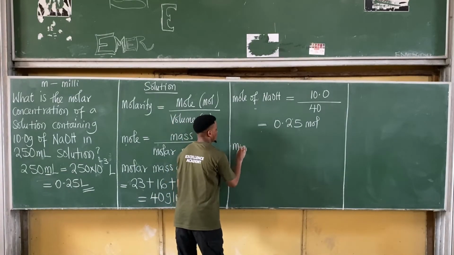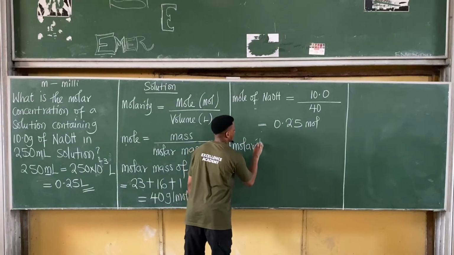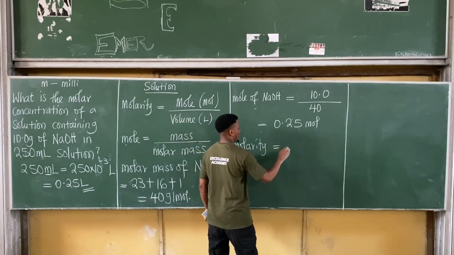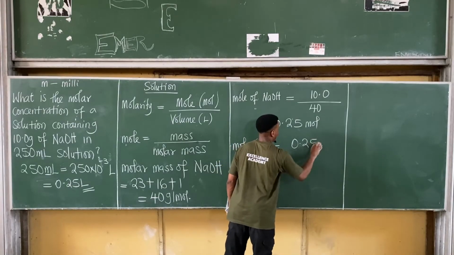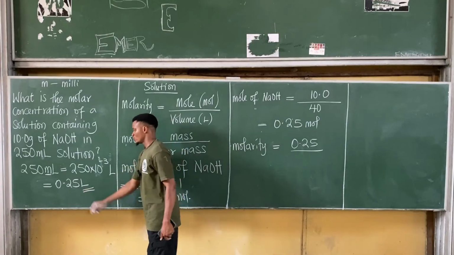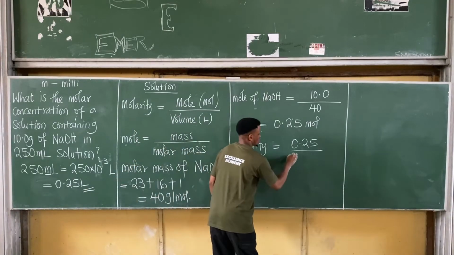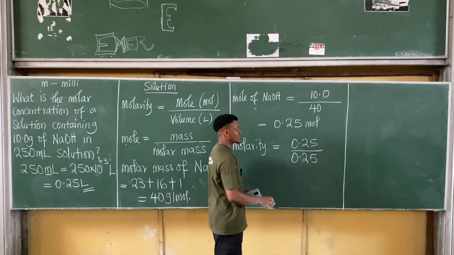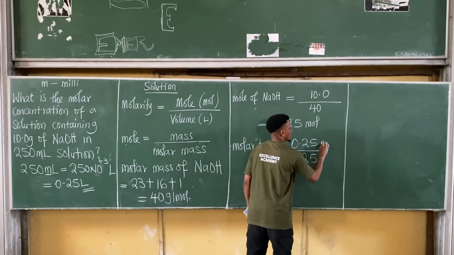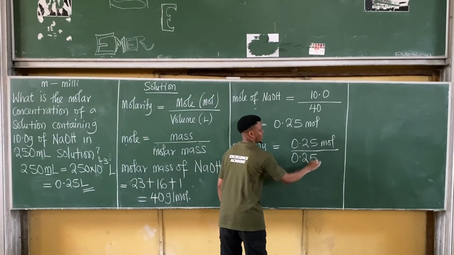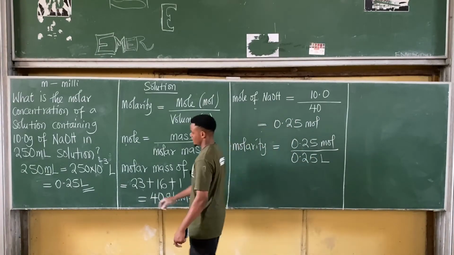So molarity is equal to mole, which is this value here, 0.25, all over volume. The volume also is 0.25. If I include the SI unit, this value here is mol, all over liters, as you can see here.